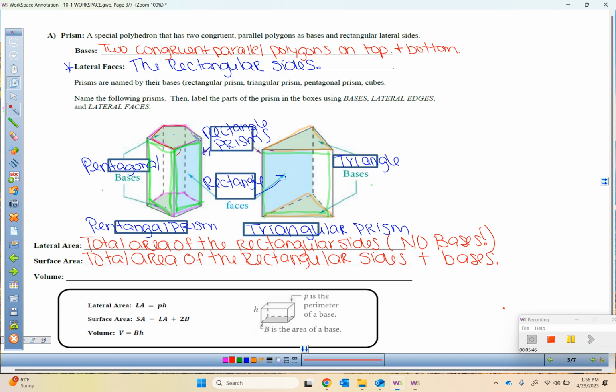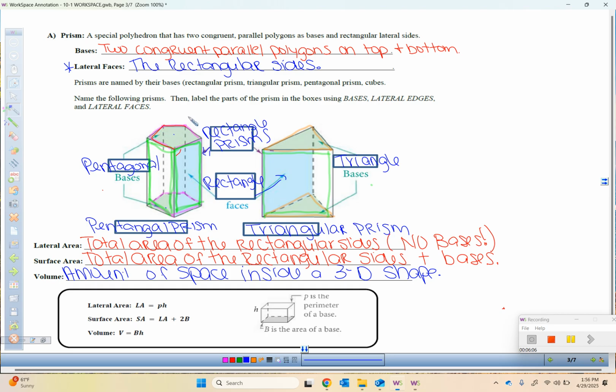Okay? Volume is the amount of space inside a three-dimensional or 3D shape. Okay, so volume is the amount inside of this whole thing.